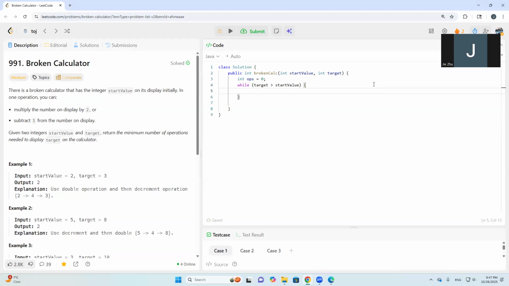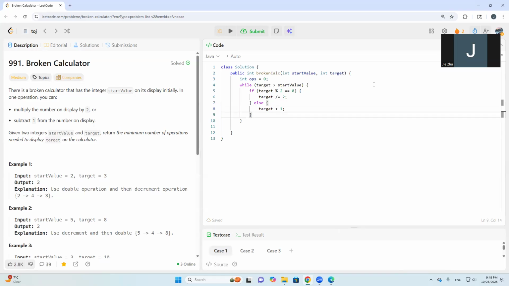If target mod 2 equals 0, we always divide by 2 as the first option, so target is divided by 2. Else we have target plus 1. And ops should increase by 1, right?